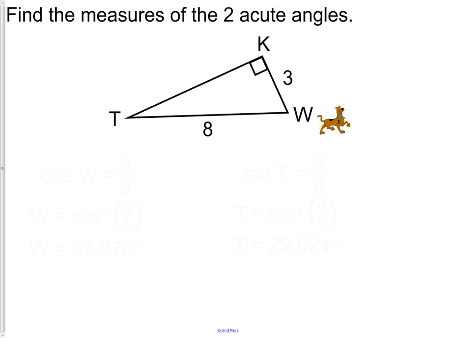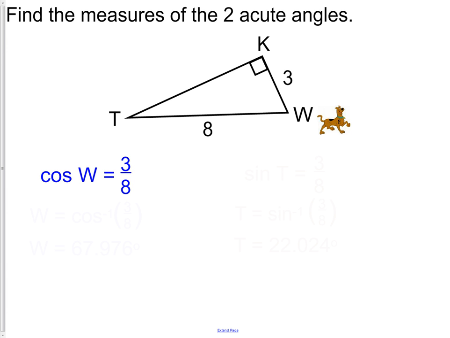Now, in order to find W, I have to use the stuff I know, which if you look from W, this would be called a leg, the adjacent leg, so that's an A, and this would be the hypotenuse, which is H. If you think back, A and H can be used with cosine. That means I'm going to use cosine to solve this question. Cosine W is equal to adjacent, which is 3, over hypotenuse, which is 8.